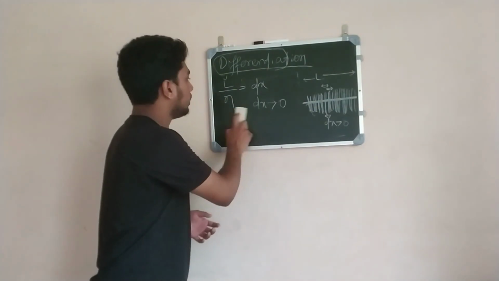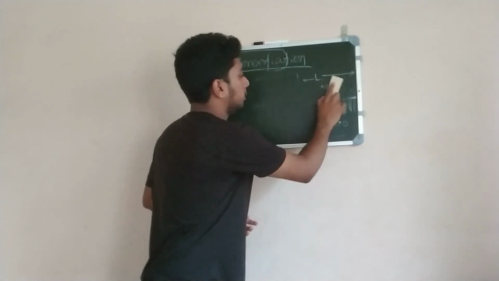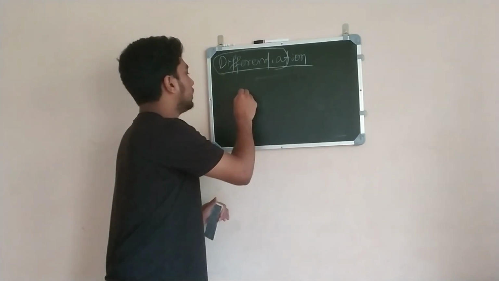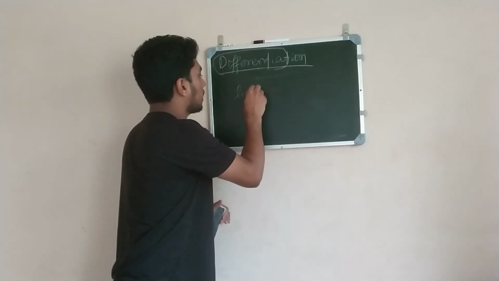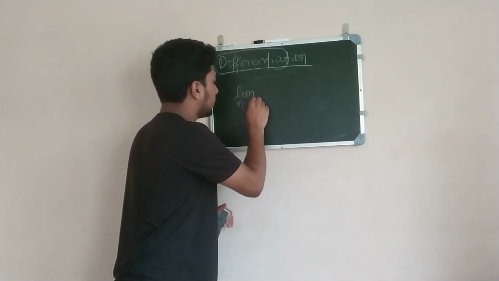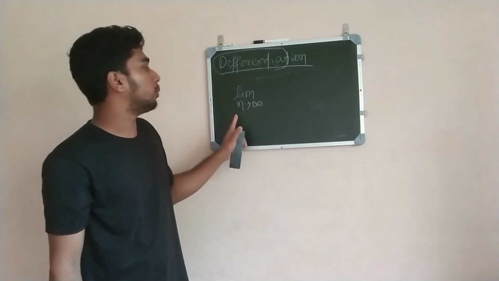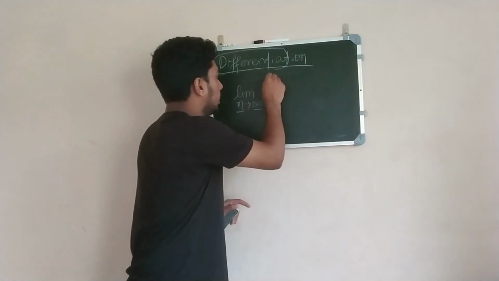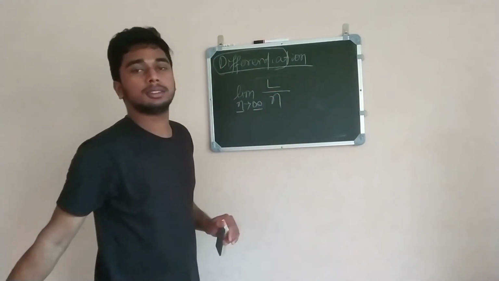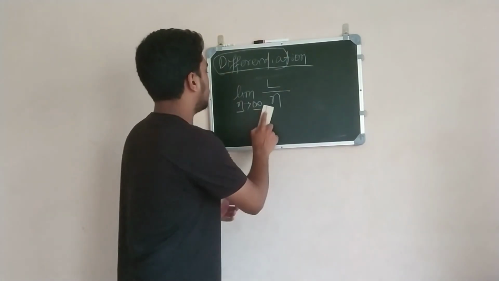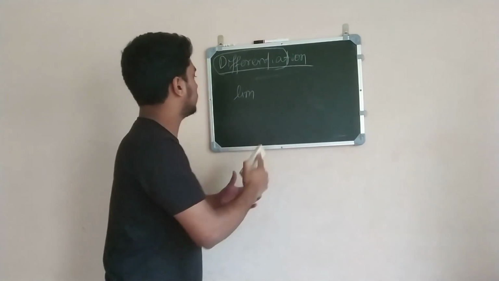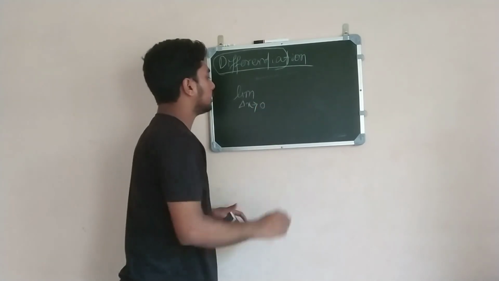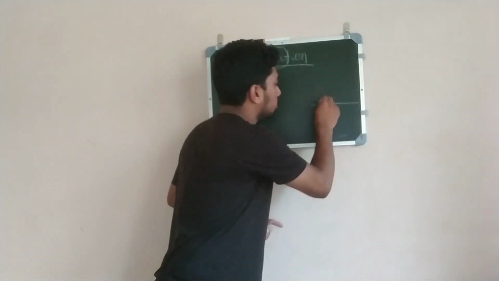So then let's define how the derivative is defined. The derivative is defined as the limit n tends to infinity of L by n. Or in a mathematical way, I will write a del x, the small element.